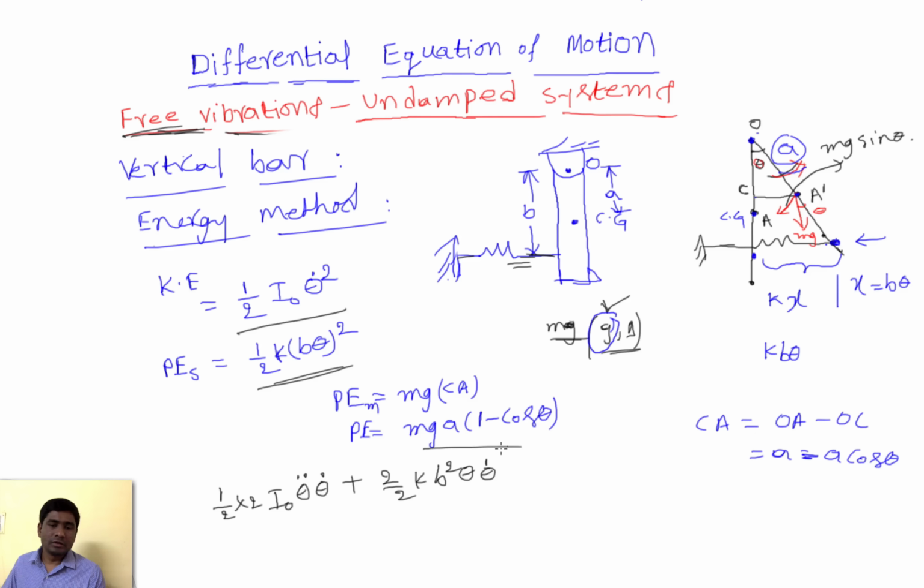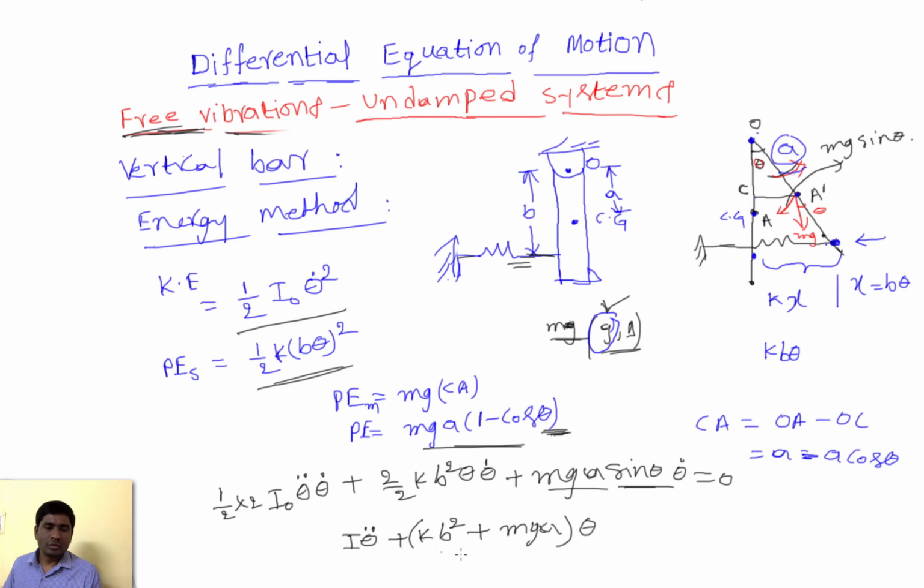And only this is the variable, so when I differentiate this one, this is mg into a into cos, differentiation will become positive sine theta into theta dot equal to 0. But we have already seen when theta is small, sine theta equal to theta, and we have theta dot terms in all the terms. So this is the final equation as in the previous case.